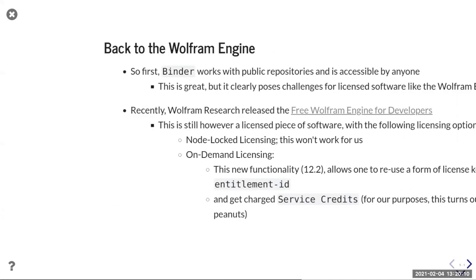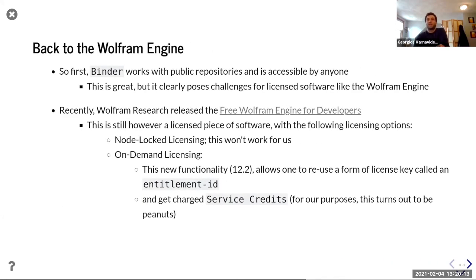Thanks. Okay, so that was that simple example, right? So let's go back to the Wolfram engine. The first thing to note is that Binder, at least the publicly available resource, which is mybinder.org, works with public GitHub repositories, right?